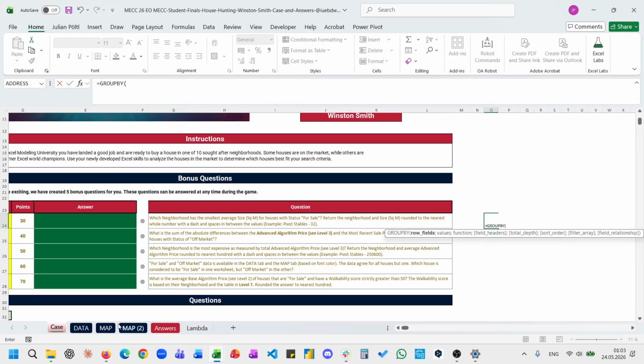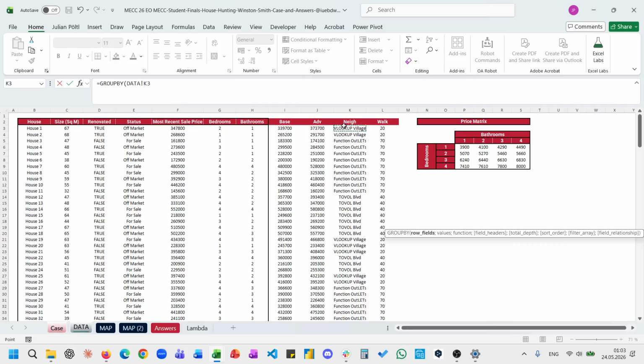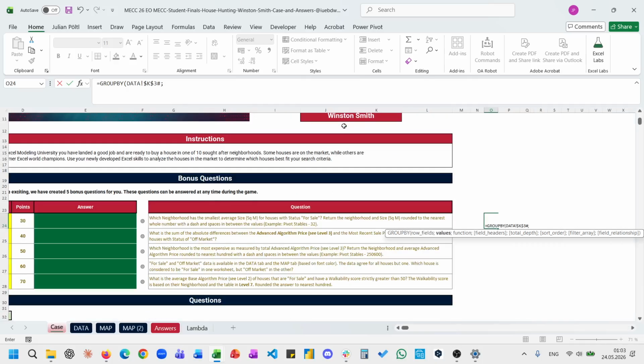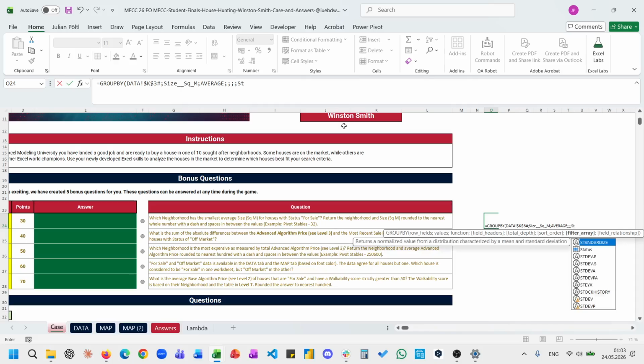I haven't named neighborhood, but we can do this manually. Size, average, filter, status equals for sale.